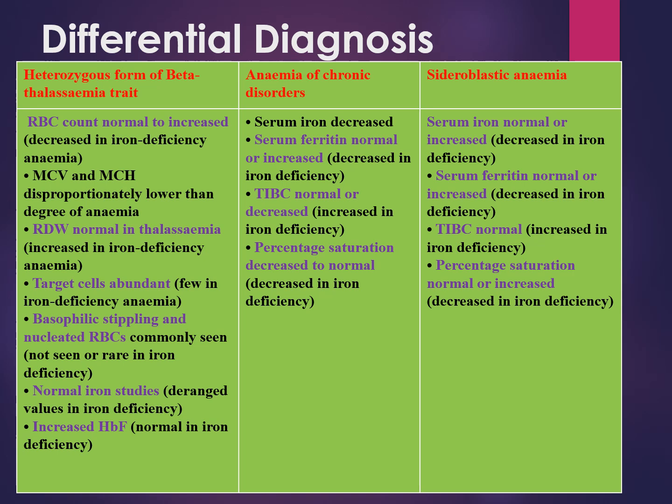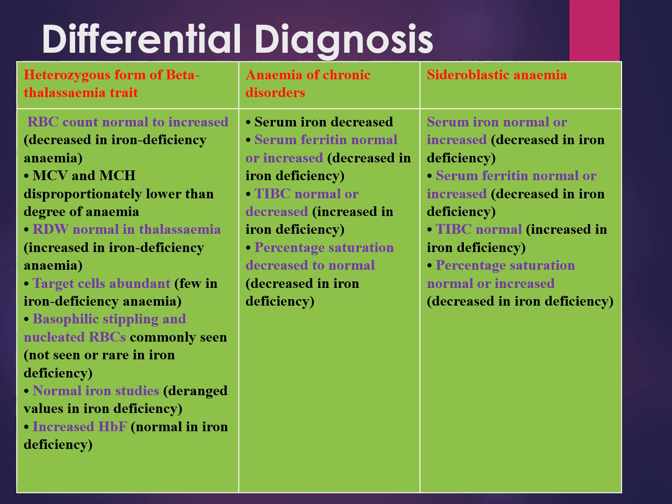Okay, so we have to differentiate these three. Heterozygous form of beta thalassemia trait: RBC count normal to increased, RDW will be normal, target cells will be abundant, there will be basophilic stippling and nucleated RBCs are seen. The iron studies will be normal and there will be increased HbF in thalassemias.